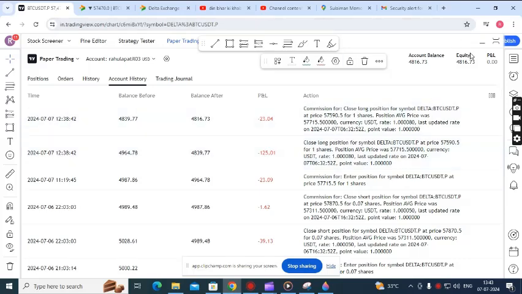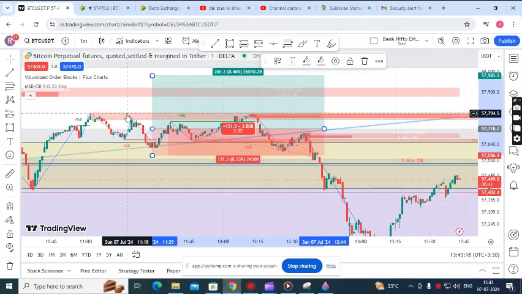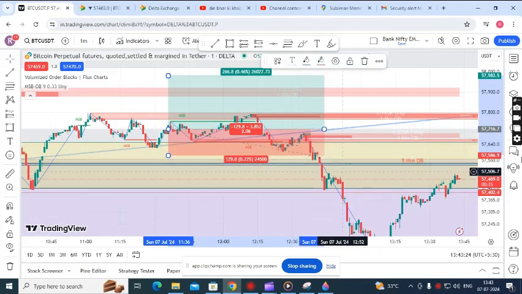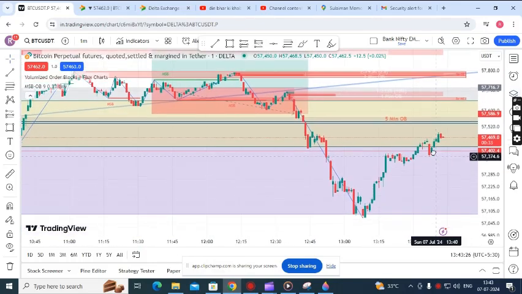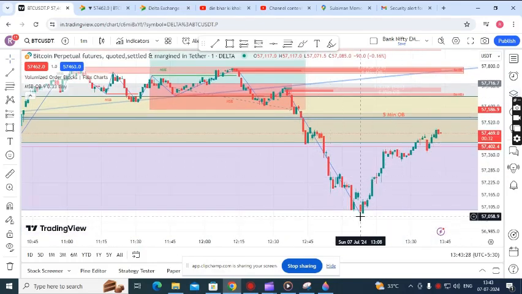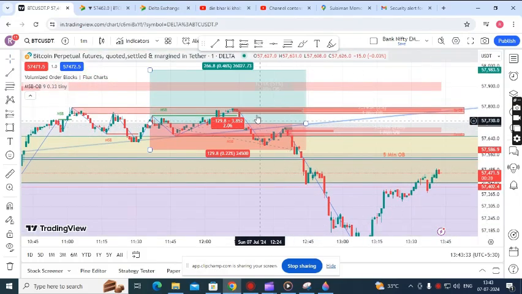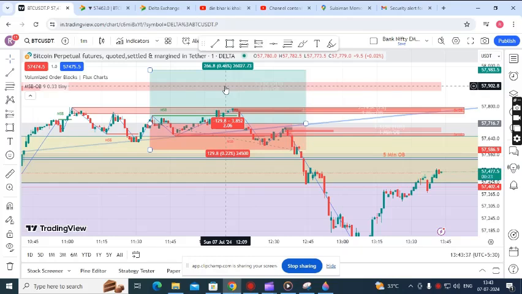Okay, that's okay, guys. We have to stick to our plan, and we came out of the trade. Instead of having a loss of this much amount, we took a small loss and came out of the trade. That's okay. It's a part of the game. You all may know it's a game of probabilities.